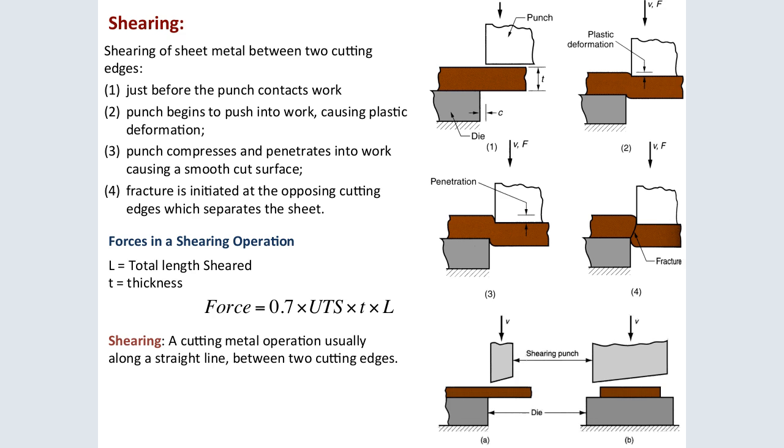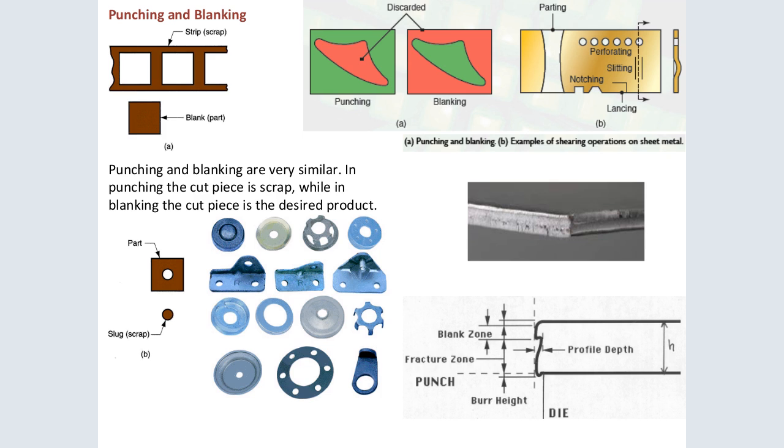The formula to calculate the total force applied during shearing is 0.5, which is a standard factor normally given, times the UTS, the unit tensile stress, times T, the thickness, times L, the total length to be sheared. So shearing is a metal cutting operation, usually along a straight line between two cutting edges.